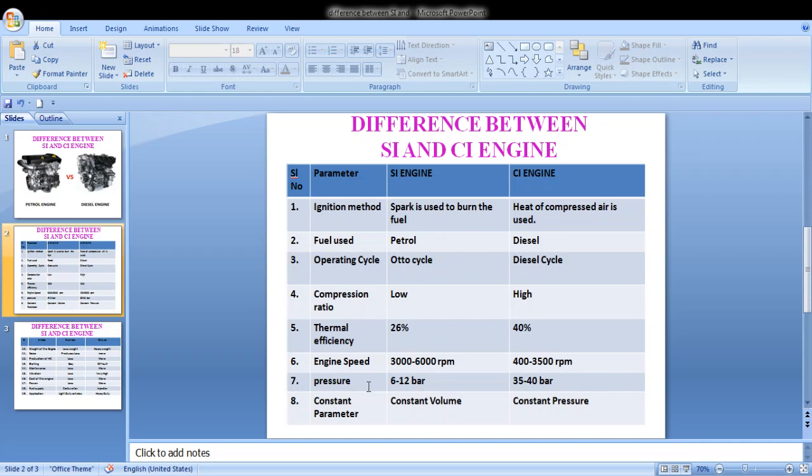Next is your engine pressure. In case of your SI engine, pressure is about 6 to 12 bar, while in case of your CI engine it is 35 to 40 bar.